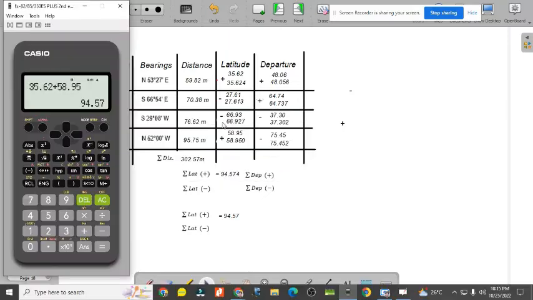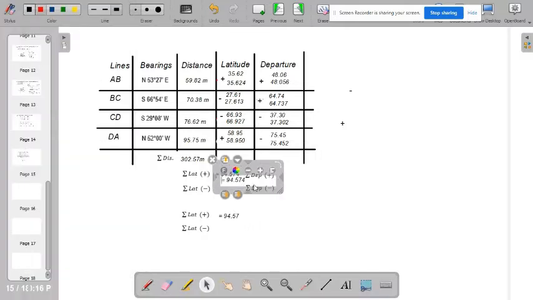So 27.613 plus 66.927, I mean. So that is equal to 94.54. Okay, so let's add this.